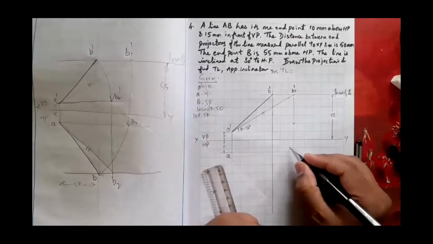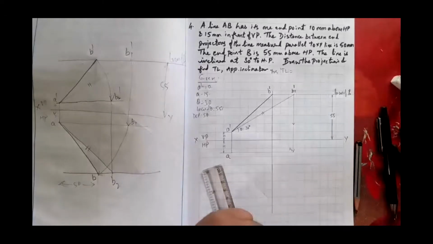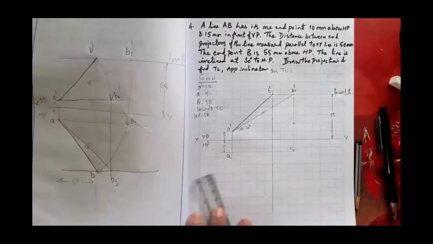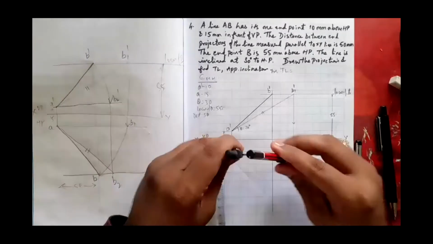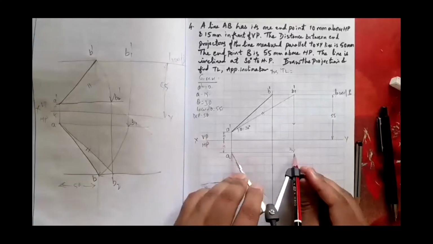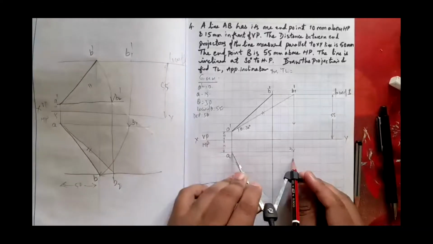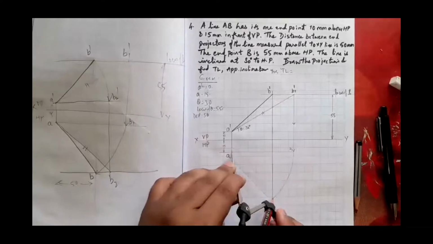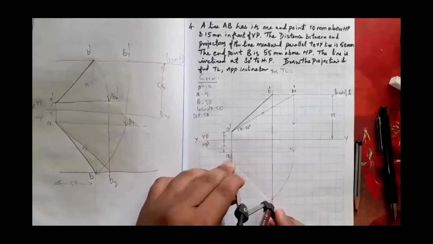But this is not the position. Somewhere here, B should lie. So A, B1, I'm taking the radius, and drawing an arc to this DEP line. Then directly I got AB. True length projected on the horizontal plane.